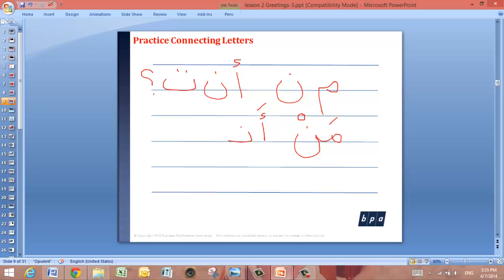Again, the noon has a sukoon on it. There's a little circle. And the ta at the end with a fatha, man, anta, and the question mark, which is basically a mirror image of the English question mark. And that concludes our practice for connecting the letters in this lesson.